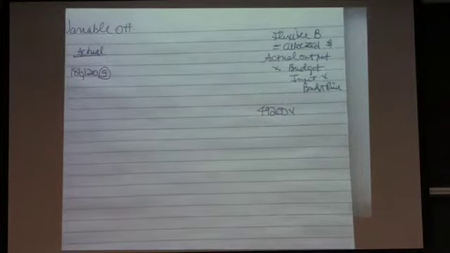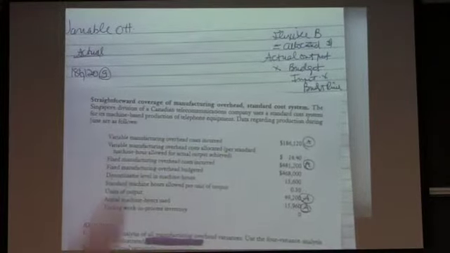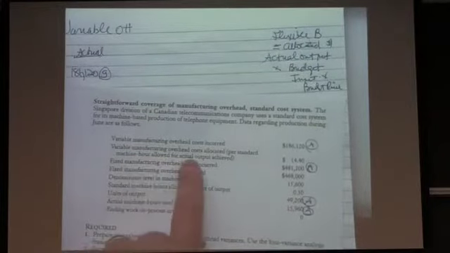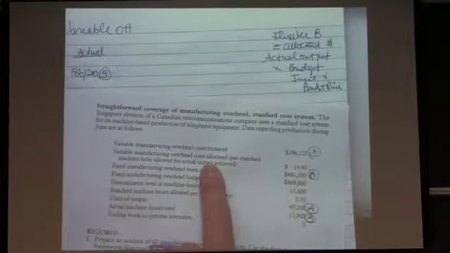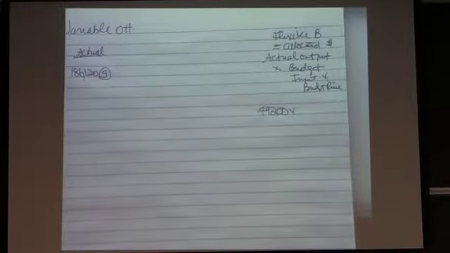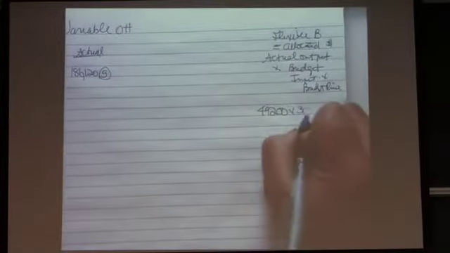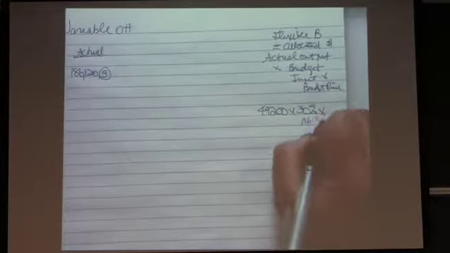We know that the standard machine hours, which is what we're going to use to allocate the variable overhead, because it told us that the variable overhead machine hours was $14.40. So we're going to take 49,200 times 0.3 times 14.40.